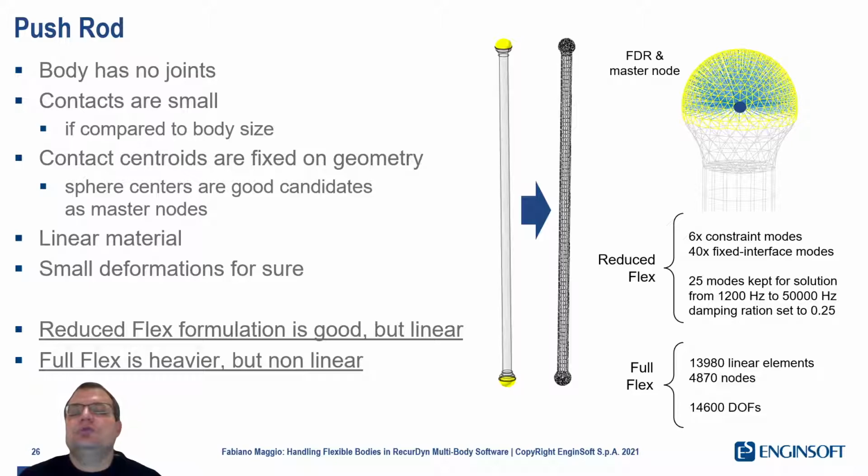So we have to examine body by body and make a choice, pick a decision. For the push rod, we might observe that this is a thin structure. It's working essentially pushed from top and bottom.